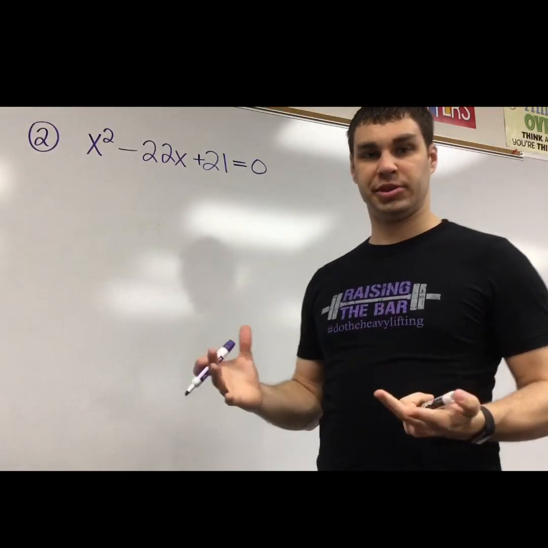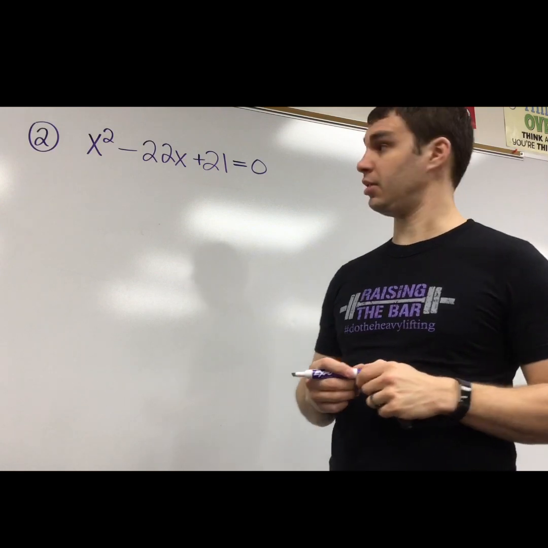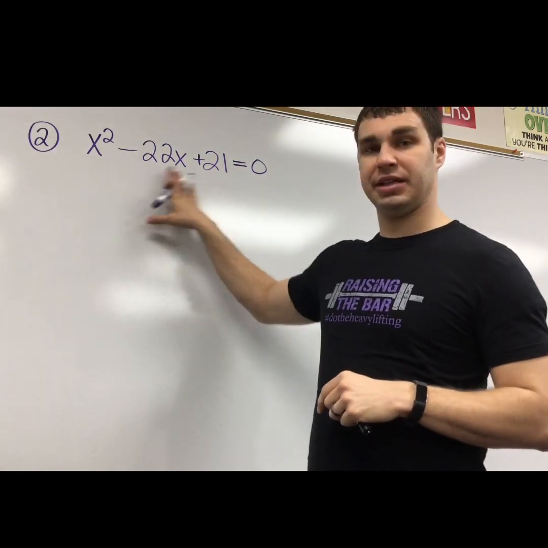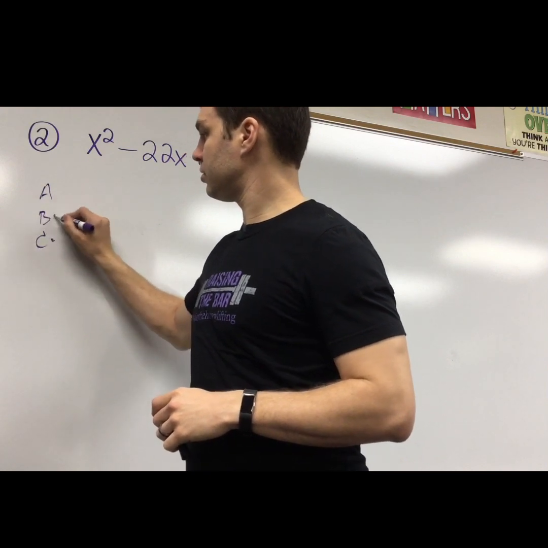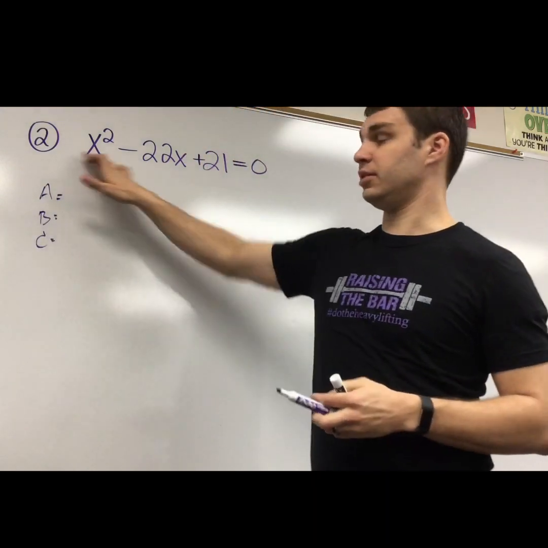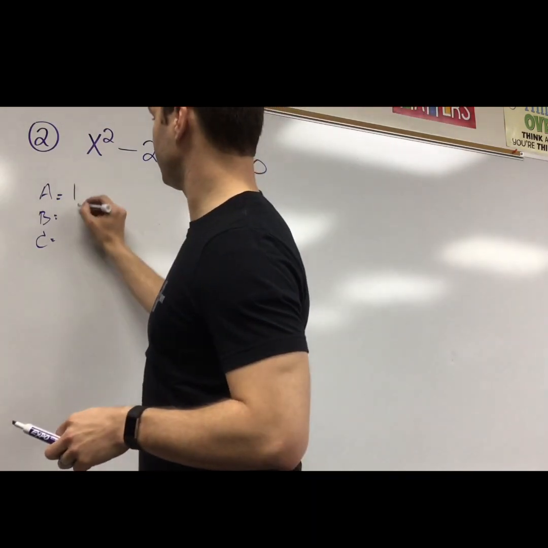All right, here's a trinomial that is set equal to 0, and it's asking us to solve by factoring. All right, so we're going to take our a, b, and c like normal. In this case, our a is going to be 1, b is negative 22, and c is positive 21.